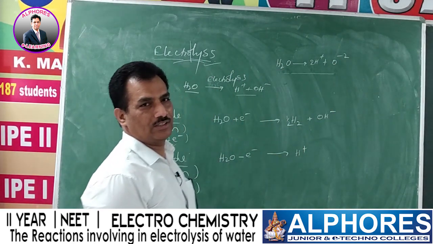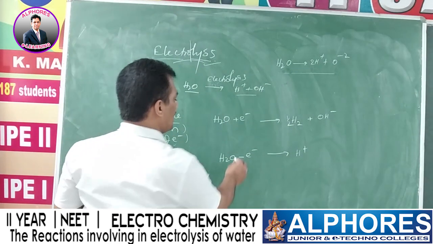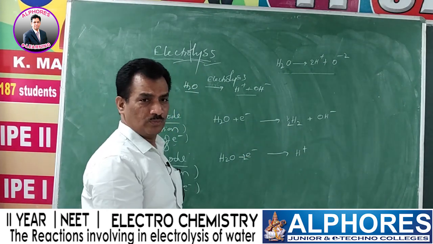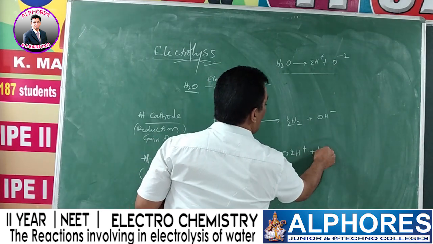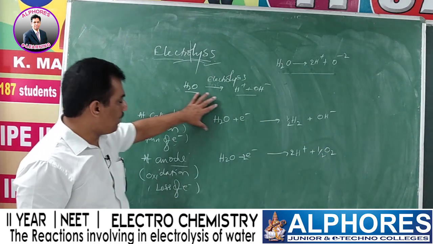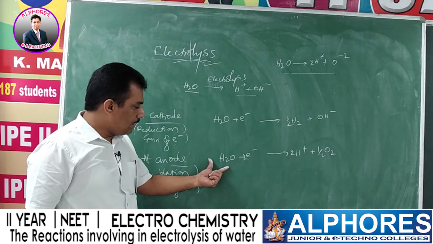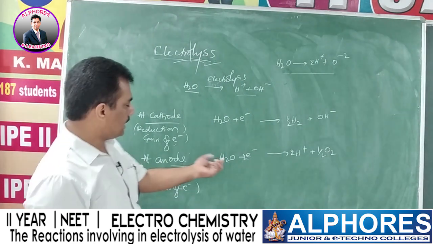Here the negative charge is with oxygen, so that oxygen has to release the electrons. When oxygen O minus 2 is releasing, automatically it has to release 2 electrons. When 2 electrons are released, 2 H plus will be generated, and here half O2 is there. This is happening at the cathode and this is happening at the anode.